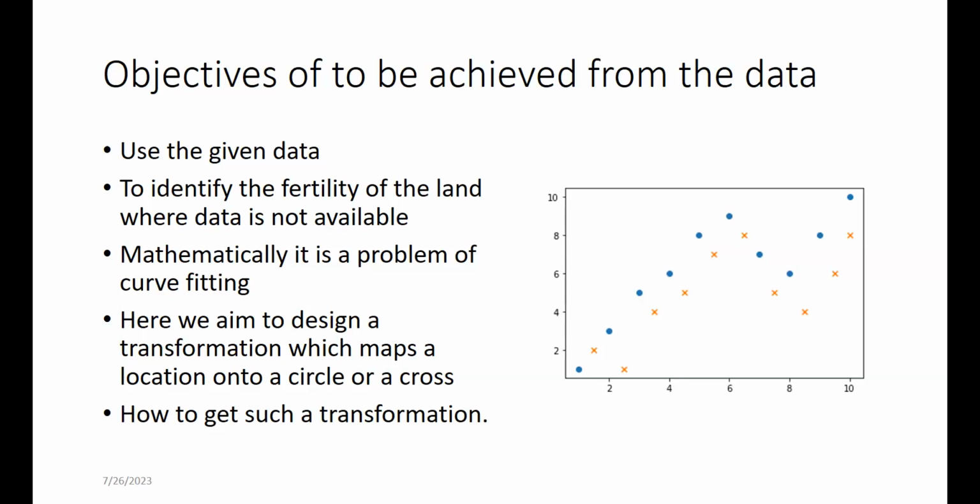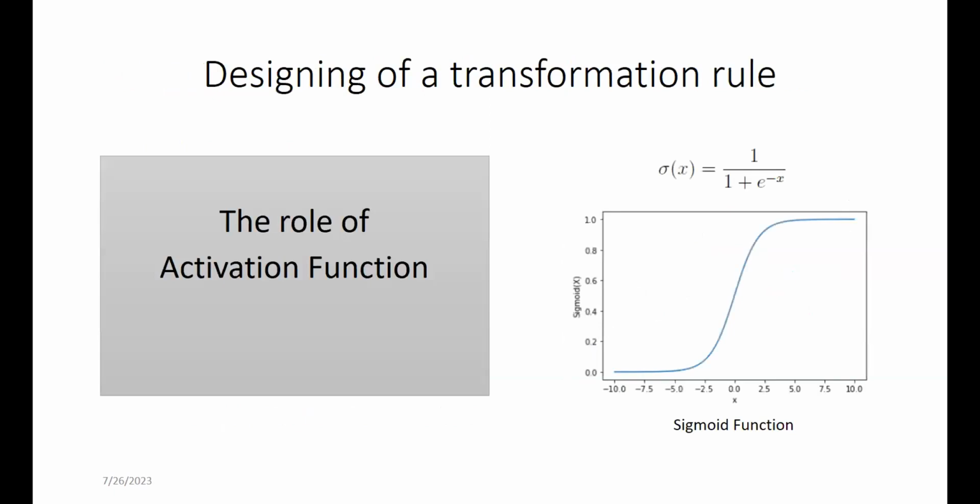So the problem turns out to be how to develop such a transformation. There are many ways, but in this particular approach we are going to use artificial neural networks to develop such a transformation.